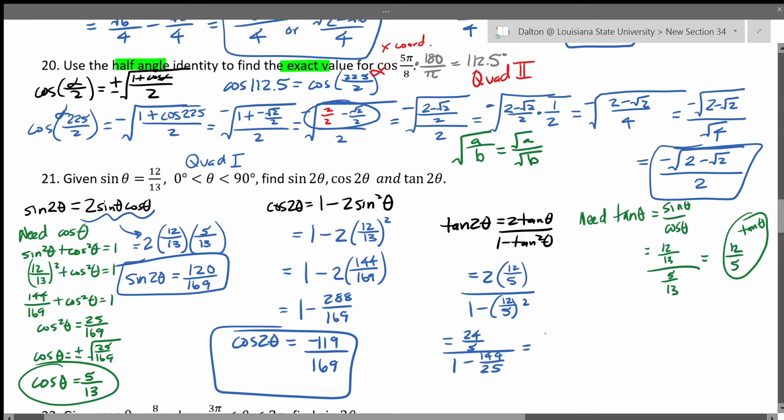This will equal 24 fifths over negative 119 over 25. And then if we take your 24 fifths, multiply by the reciprocal, that'll be negative 25 over 119. Then once that simplifies, tangent of 2 theta is equal to negative 120 over 119.